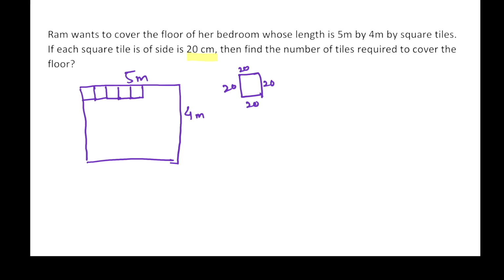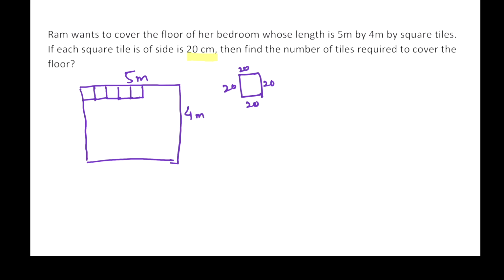Normally in measurement problems, if you are given two different units, it's always better to convert into one unit, and always the lower one. As centimeter is smaller than a meter, we have to convert the whole expression into centimeter.